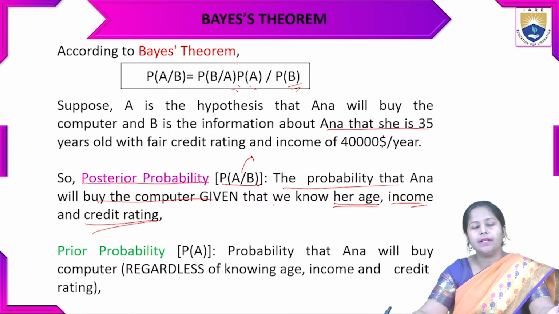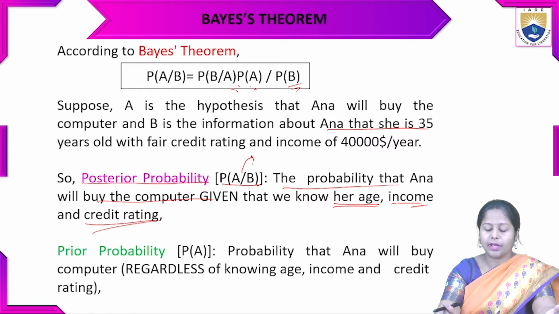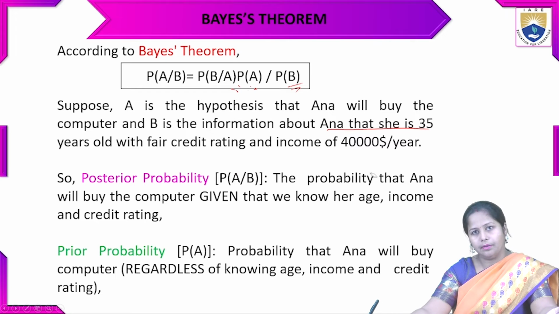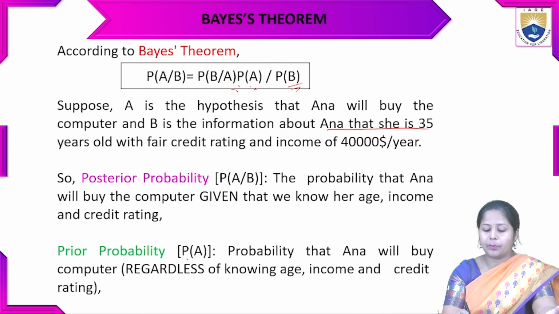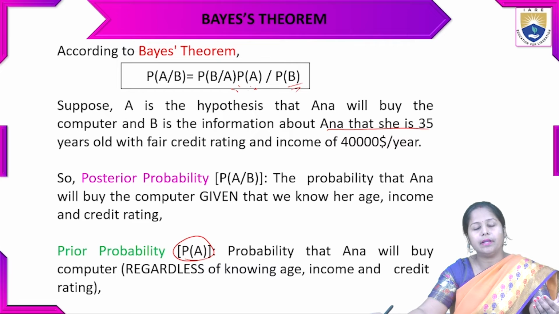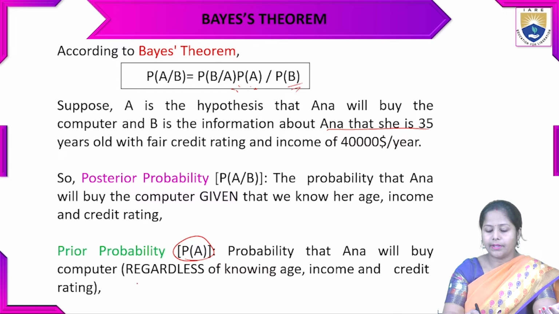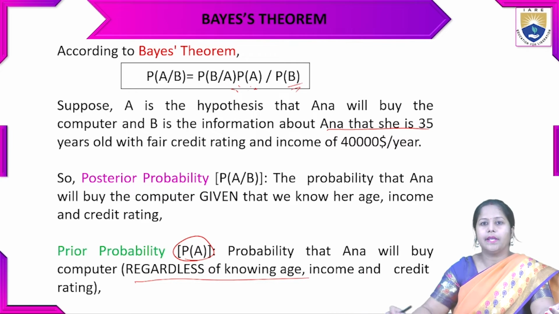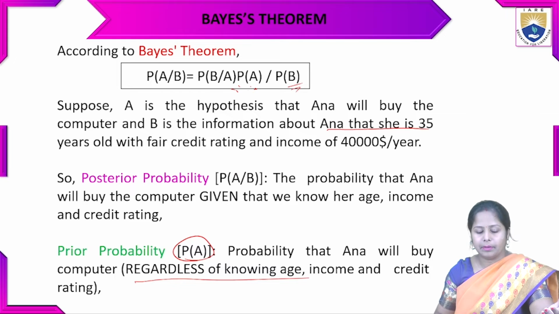On behalf of that, we have to know about A if we know the B information. The prior probability P(A) is the probability that Anna will buy the computer regardless of knowing the age, income and credit rating. So here we don't have to know the Anna information anymore. That will be the prior probability.